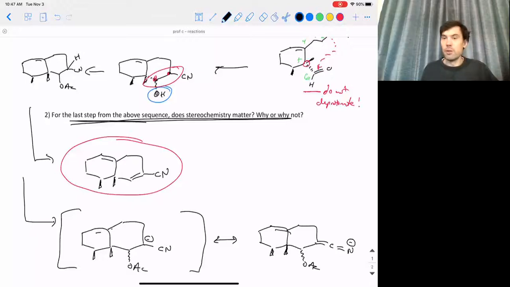And this resonance structure, of course, really helps us explain why these CN groups are powerful electron withdrawing groups. But what's probably more important about it now is this carbon in this resonance structure is flat.